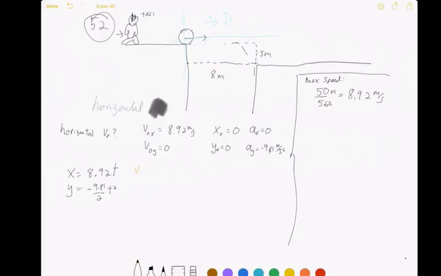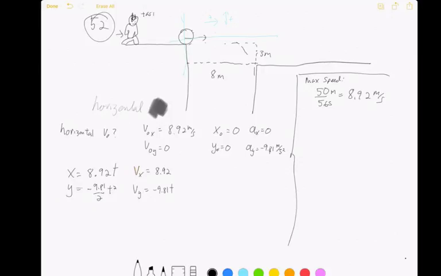Oh, there's other colors. Good for us. Vx is equal to 8.92. Vy is equal to minus 9.81 times t.